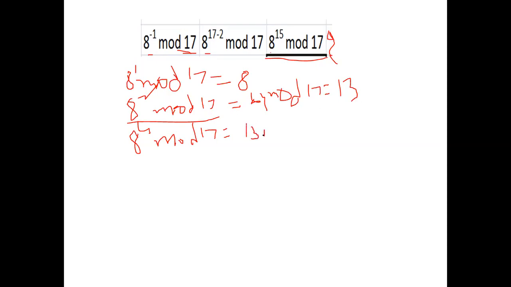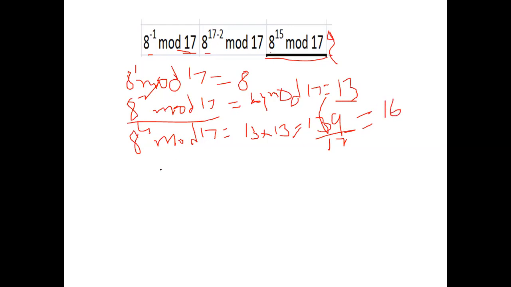This is 13. 13 into 13 is equal to 169 modulo 17. 17 nines are 153. So 169 minus 153 is 16.